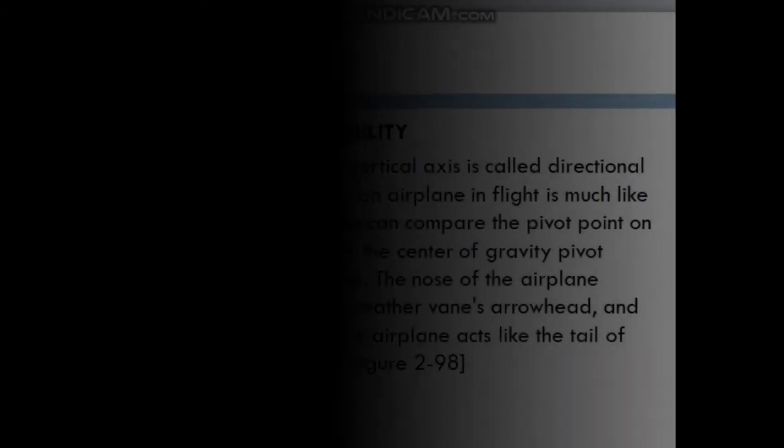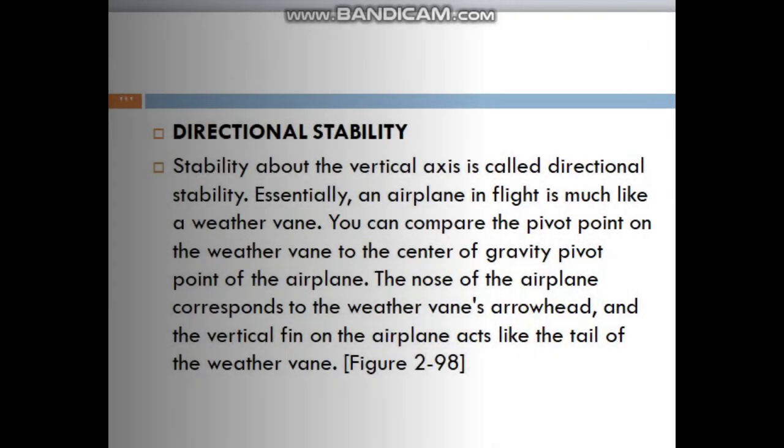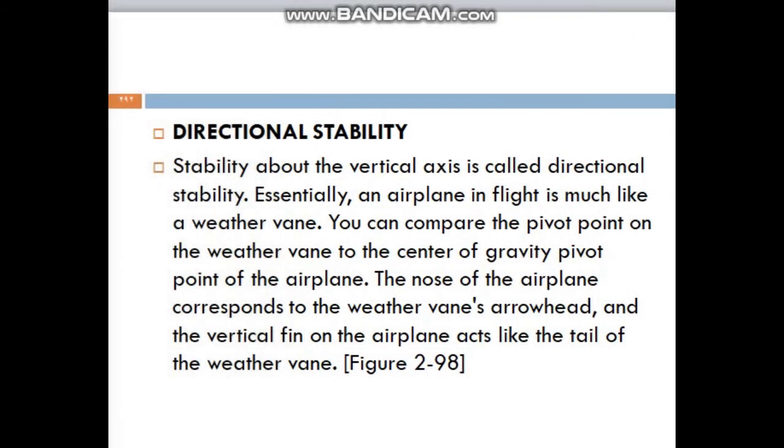The last stability is the directional stability. Stability about the vertical axis is called directional stability. Essentially, an airplane in flight is much like a weather vane.